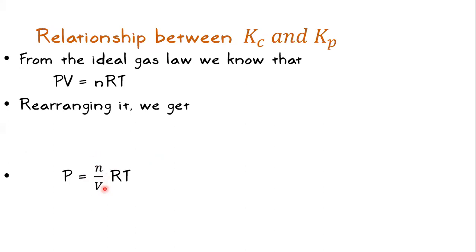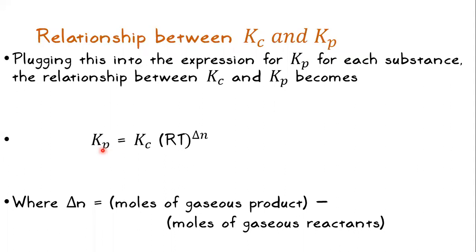Concentration is equal to n over V. So we can rewrite this equation as Kp, the equilibrium constant in terms of pressure, equal to Kc, the equilibrium constant in terms of concentration, times RT all to the power delta n. Delta n stands for the change in moles of the gaseous products minus the moles of the gaseous reactants. So this expression is very, very important. We'll be using it in subsequent calculations.